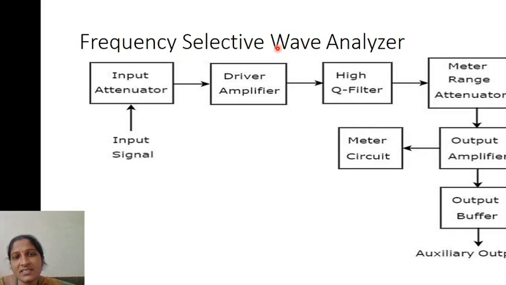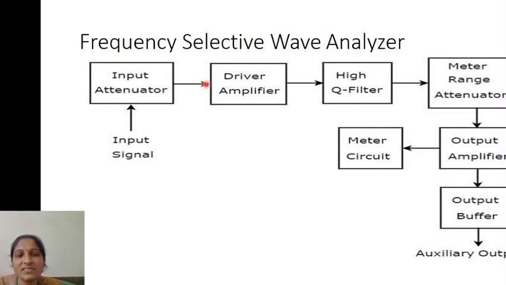So the low frequencies are allowed by the input attenuator and the high frequencies are stopped here. The input attenuator will stop the high frequencies and allow only the required low frequencies.